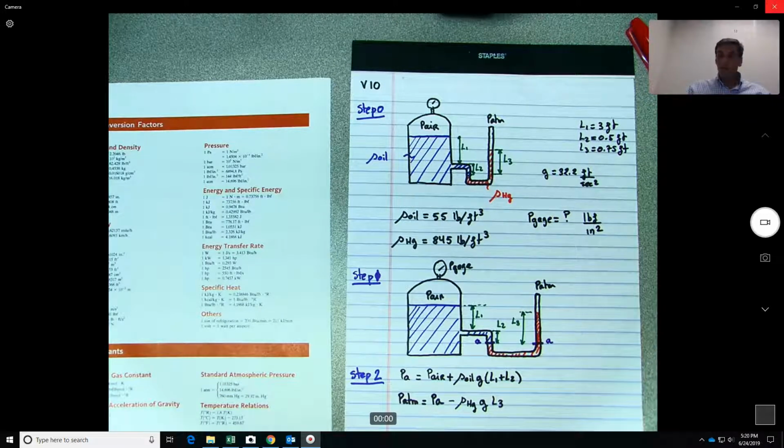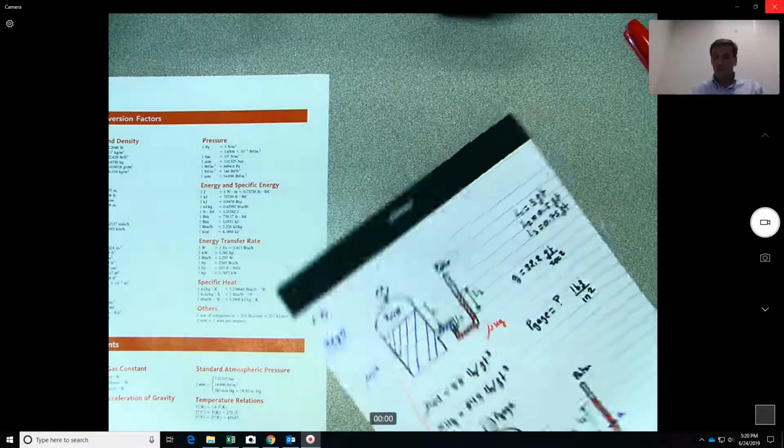So now, if we just substitute this equation into here, let's see what we get. Let me go to the next page.